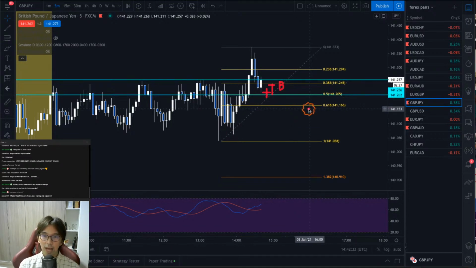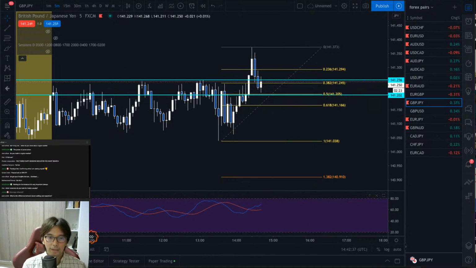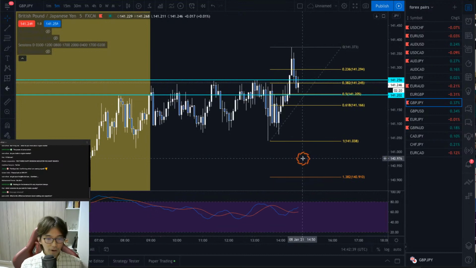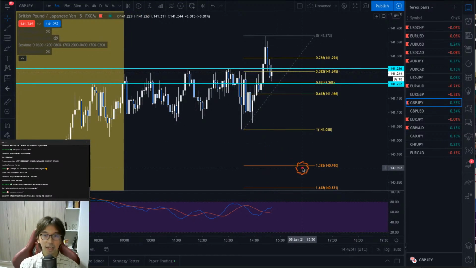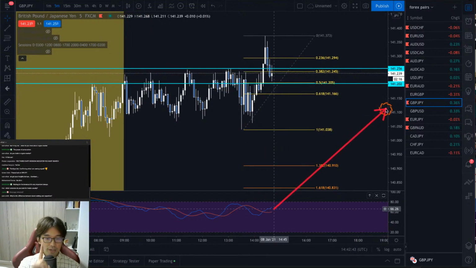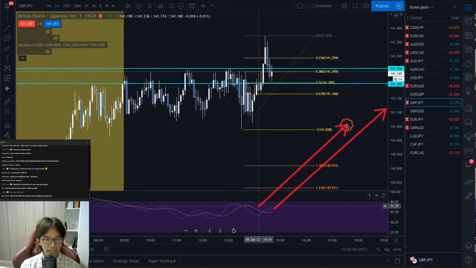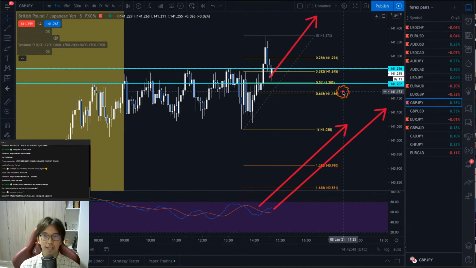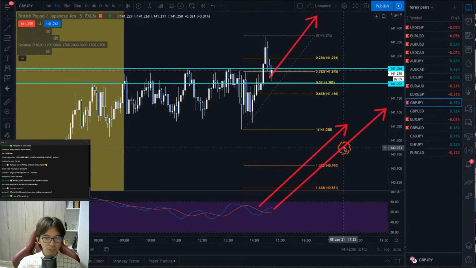So let's see if it happens or not. Yeah, but overall, like you said earlier, daily chart is up and 1 hour is also uptrending. So we can expect the market goes up continuously this way. So the question is where to buy in this lower time frame. So that's how I think about the trading edge to buy in lower time frame.